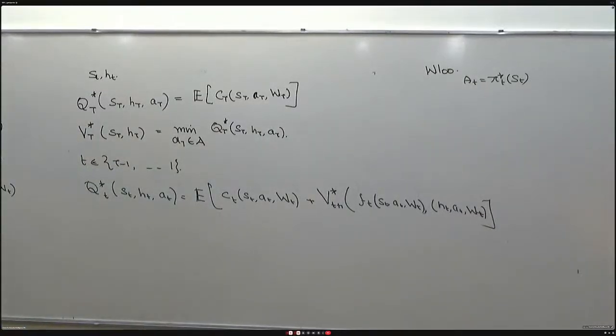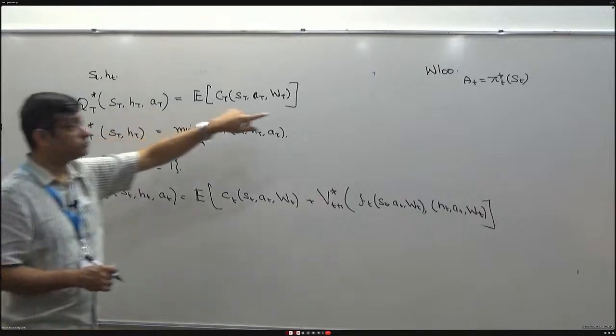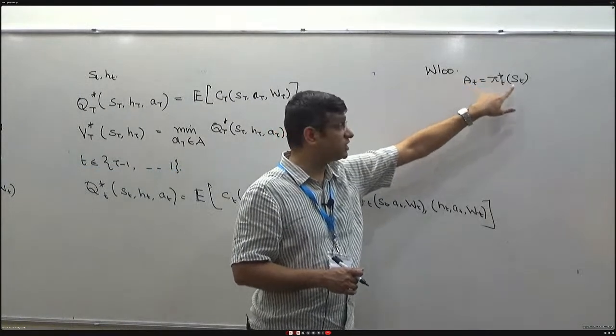I'm going to explain the implications of this result first, and then we'll see how we can prove this result. Versus history, right? So far I had that it had to be a function of history. So if I have independent primitive random variables, cumulative per step cost, and a state space model, then there is no loss of optimality in choosing an action just as a function of the current state.